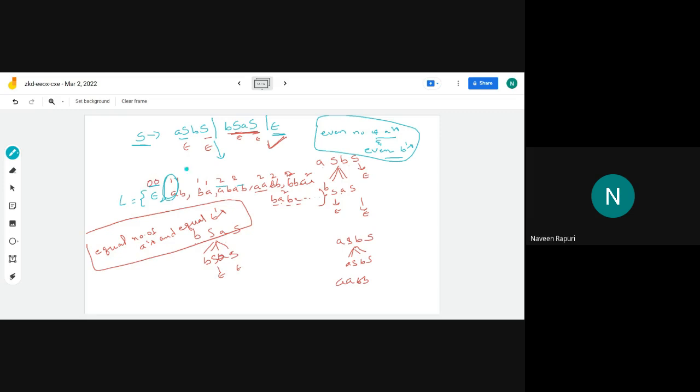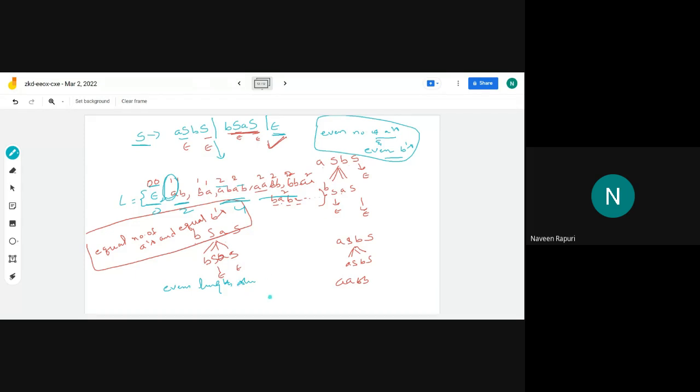Or else you can ask, we can take one more question, sir. What is the even length strings? Why is it not even length strings? Because here it is 0, here it is 2, here it is 4. So the length of the string is even. Why not we call it even length strings over A comma B?